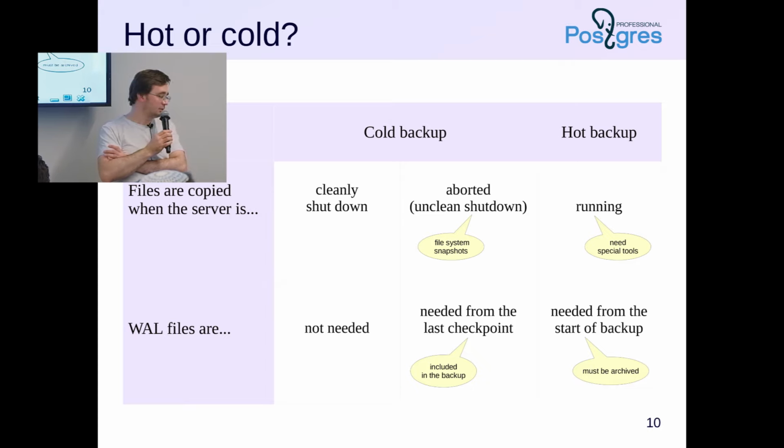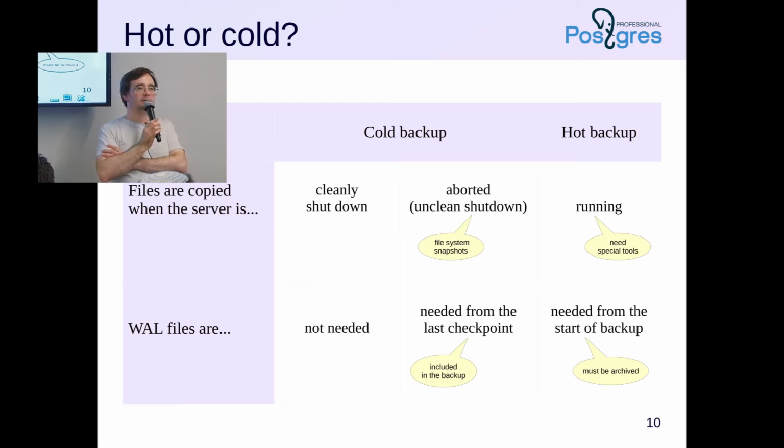And hot backups. Hot backups are the most interesting, because a hot backup you can do on a running PostgreSQL. And this is the main method of doing backups in Postgres. You are copying files, and you need to have all WAL files from the moment when you start copying.